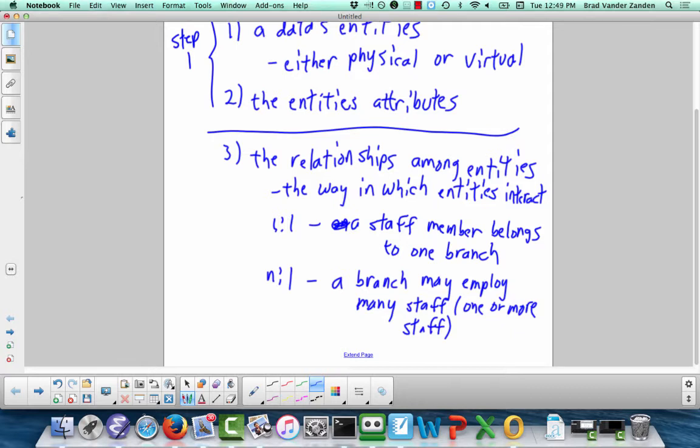And then we have many-to-many relationships, which we typically denote that way.